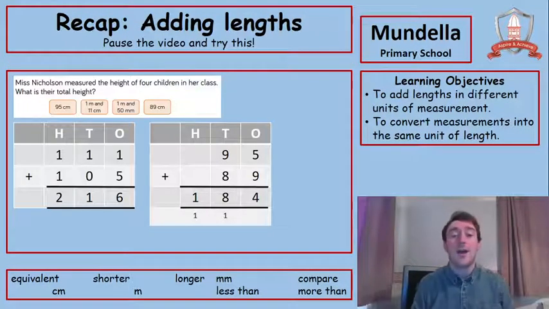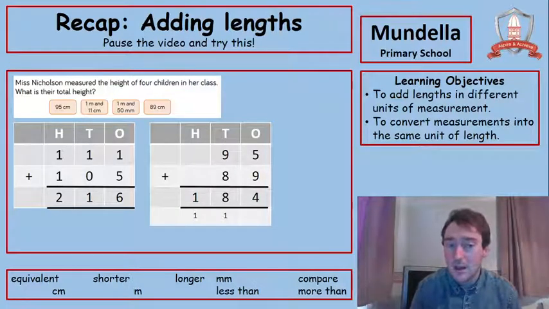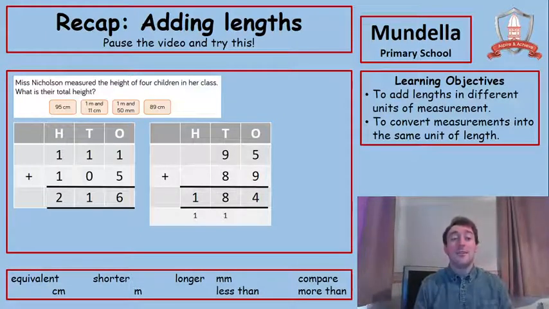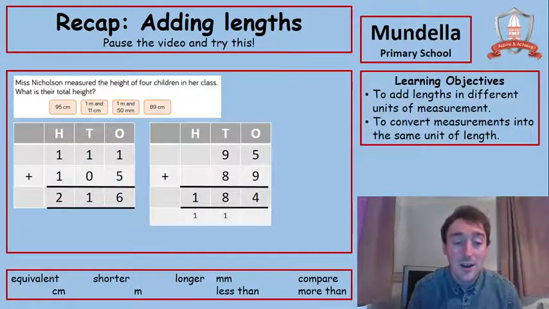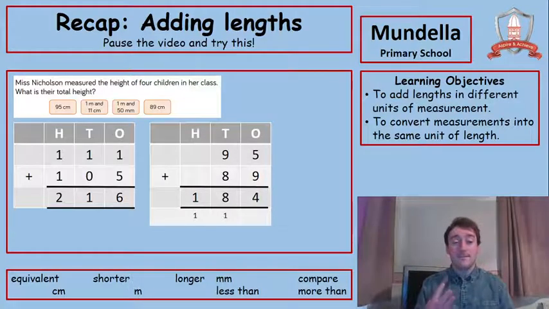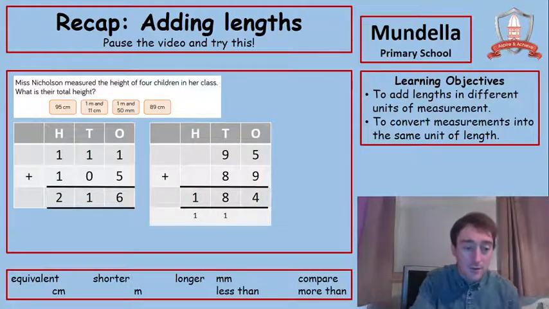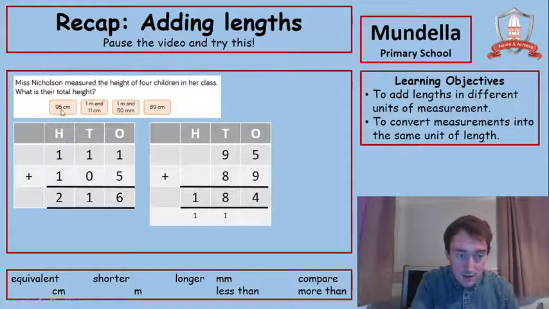Okay, so we're going to recap adding lengths and we're going to do a problem together. Okay, I'll talk you through it because I like talking. Okay, Miss Nicholson measured the height of 4 children in her class. What is their total height? Well, we've got their heights there, the 4 different children's heights.